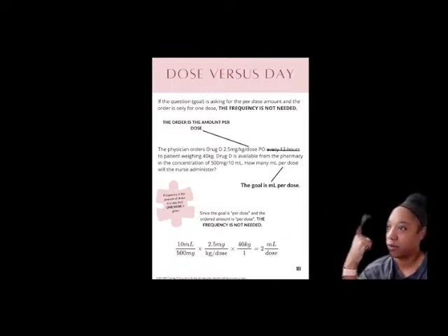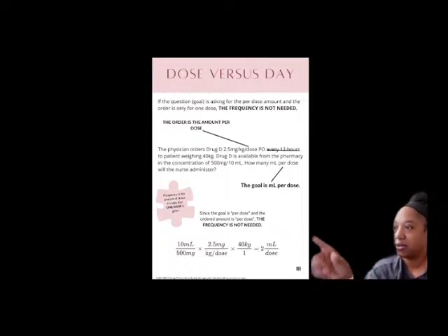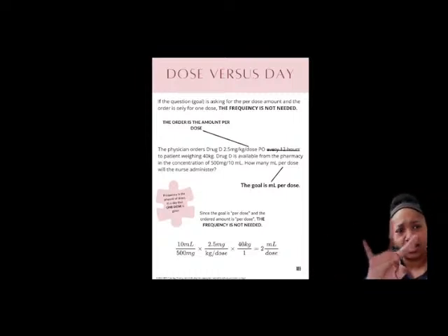So all you need is your order amount, your 40 kgs, and your medication concentration. So then you see here at the bottom, since the goal is per dose and the ordered amount is per dose, the frequency is not needed. So it breaks it down. And that's just four different examples of how you identify dose versus day, because a lot of people get caught up on that part.